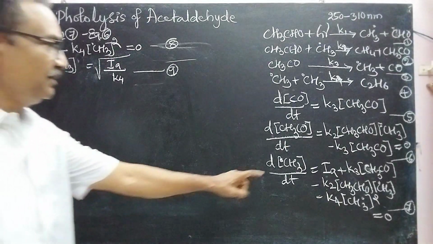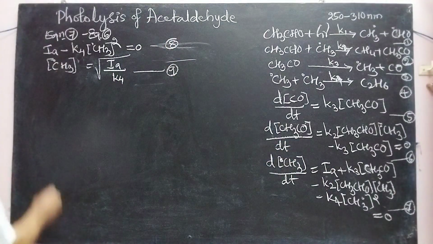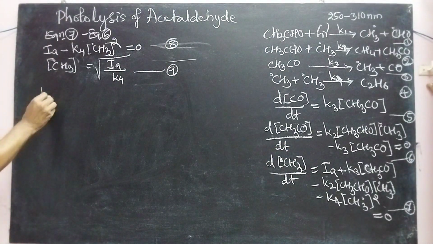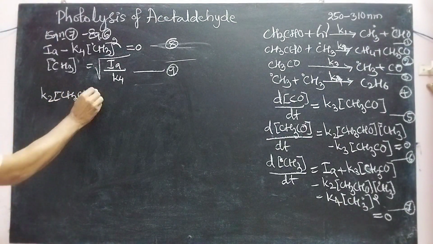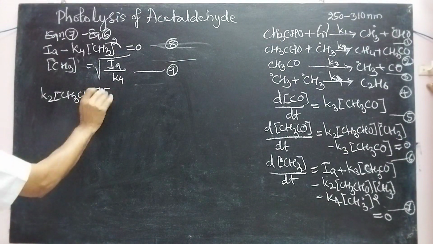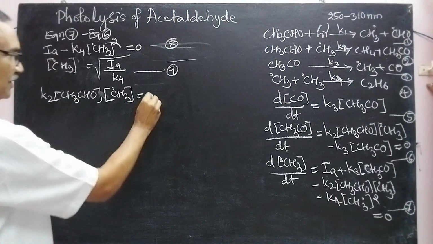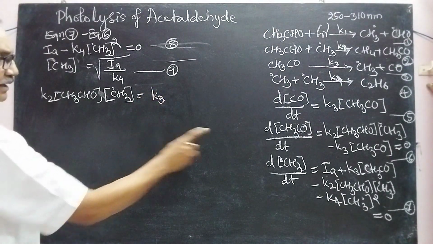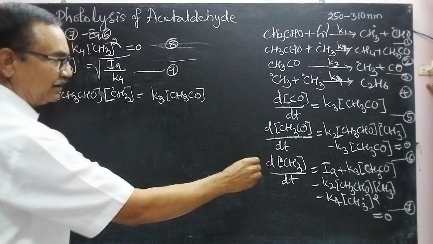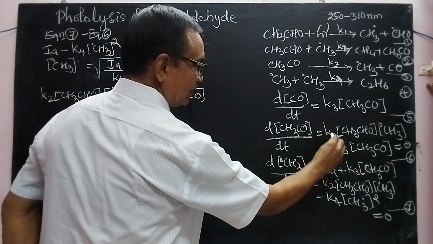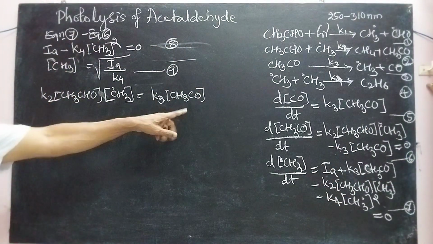Now, according to this equation, let us write it once again. K2 concentration of CH3CHO and concentration of CH3 dot is equal to K3 CH3CO, because this is equal to 0, meaning we can take it this side. This is equal to this. If we take this side, that is K3 into CO.